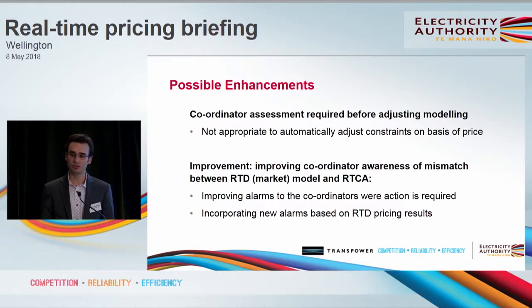But what we can do is improve our tools to give sufficient warning, sufficient awareness to the coordinators that allows them to make those decisions rapidly. And so if a high spring washer pricing situation would present itself, either it's there for a reason, or the coordinators can take the appropriate action like I've described.